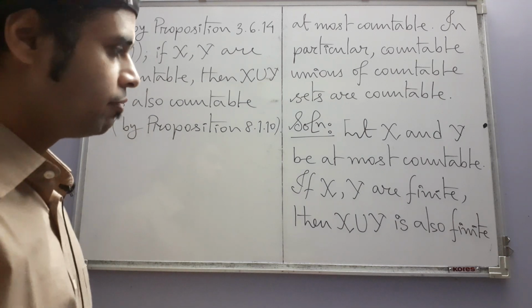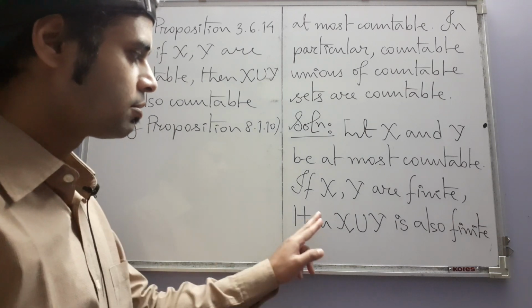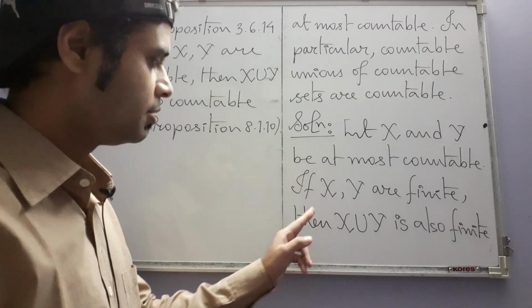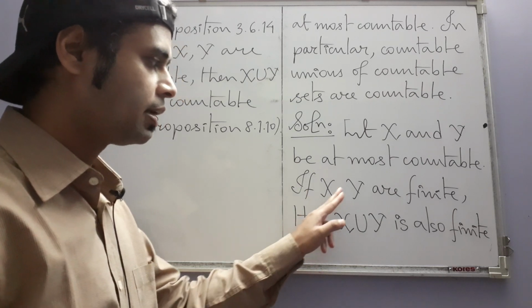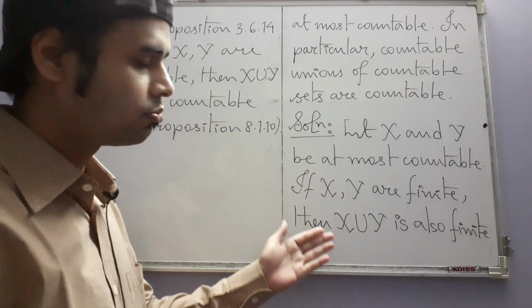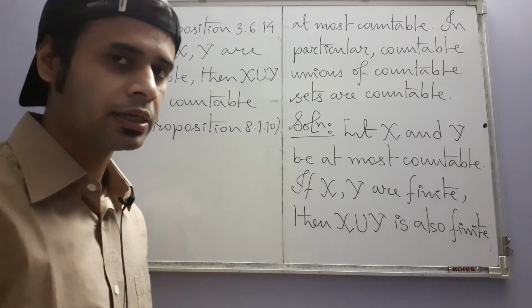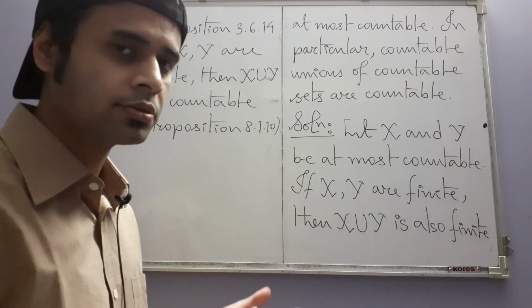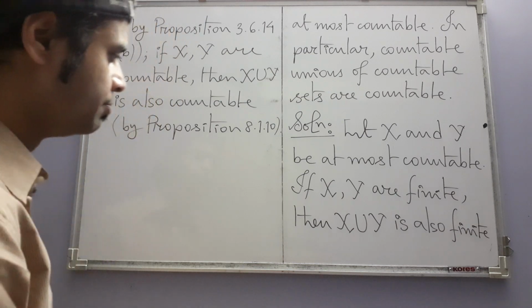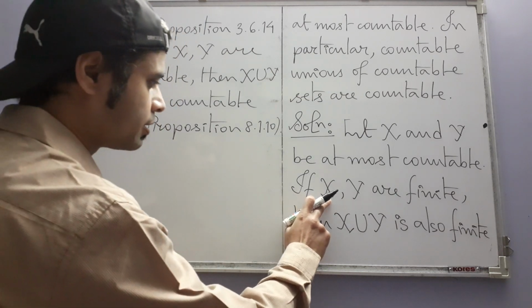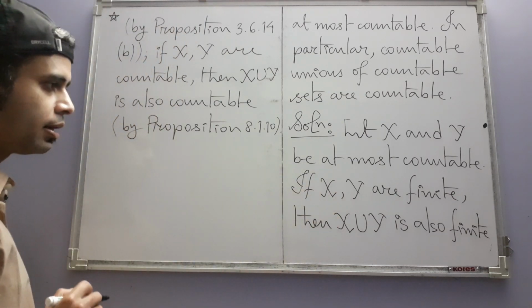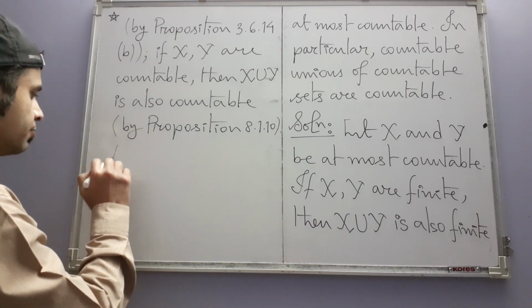So that means we are left with the two cases where one of them is when x is finite and y is countable, and the other one is when x is countable and y is finite. Obviously, it's enough to consider only one of these two. So we are going to consider the case where x is finite and y is countable.